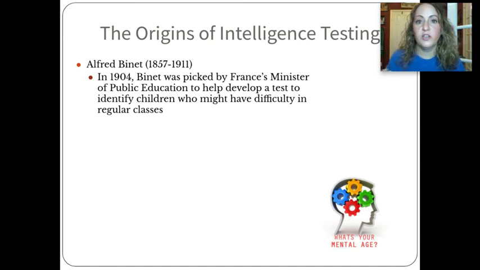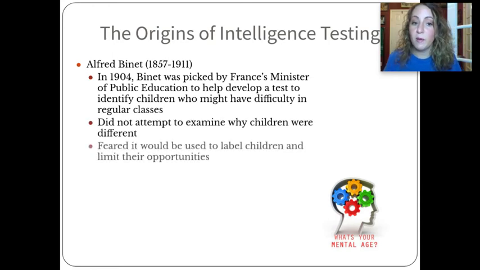Maybe they were underachieving early on in their education, but then maybe would have been overachieving if they hadn't been labeled, and it becomes this self-fulfilling prophecy. And so it didn't explain why people were different, but it did just label them. Like I said, he feared that it would limit people's opportunities.